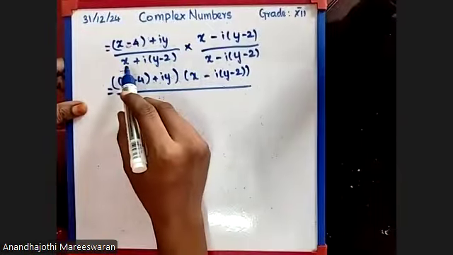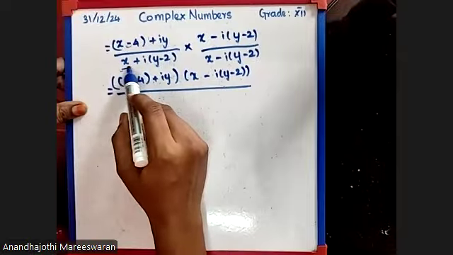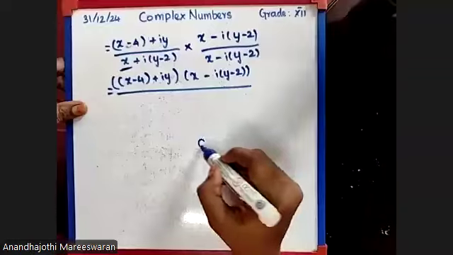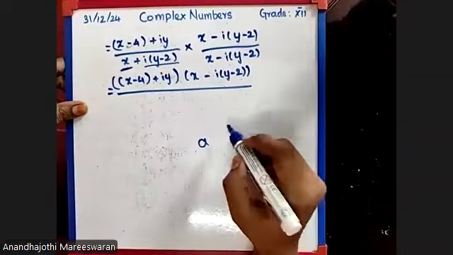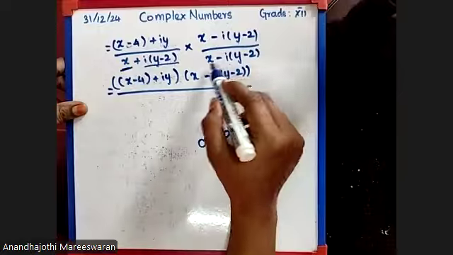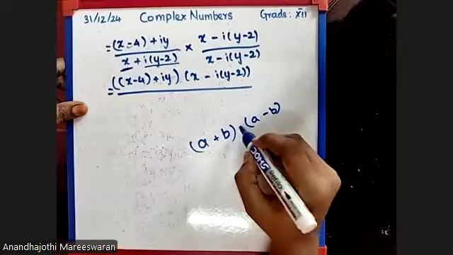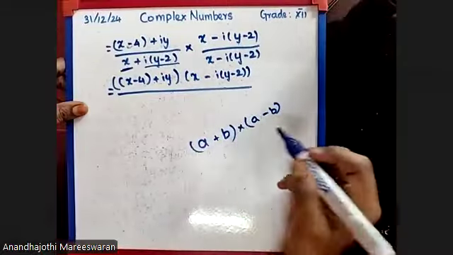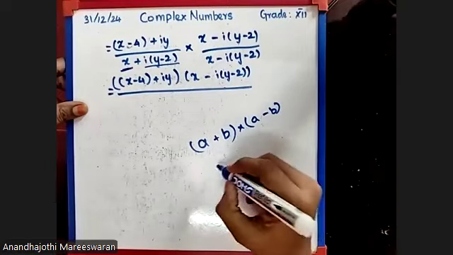Now see the denominator. In which form does it lie? Consider the real term x as a and the term i multiplied by (y minus 2) as b. So this one lies in the form a plus b and this one lies in the form a minus b. What are we going to do here? We are going to do multiplication. What is the formula for (a plus b) multiplied by (a minus b)?